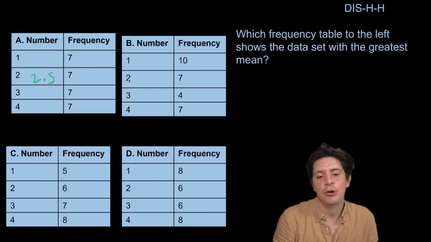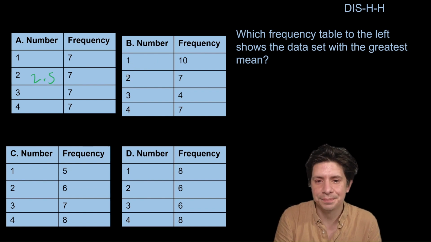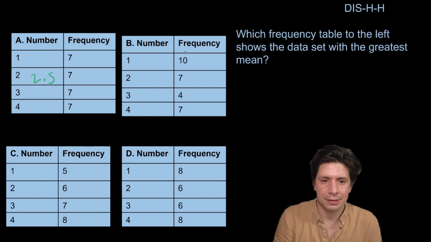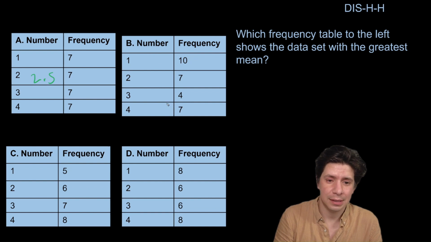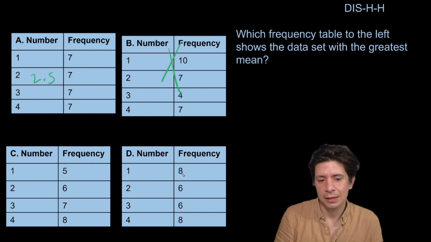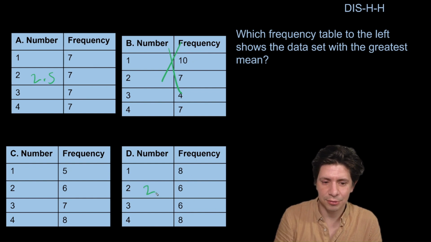We want ones where the frequency is highest at the end. So the frequency here is lower than at the end, so it wouldn't be that. It's actually, this one's higher, so it's not going to be that. Frequency here is high at the ends, but they sort of balance each other out, so this would also be a 2.5.